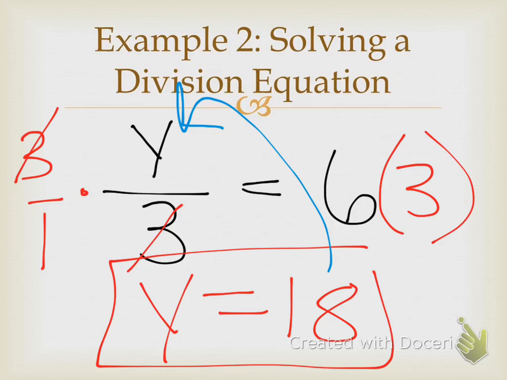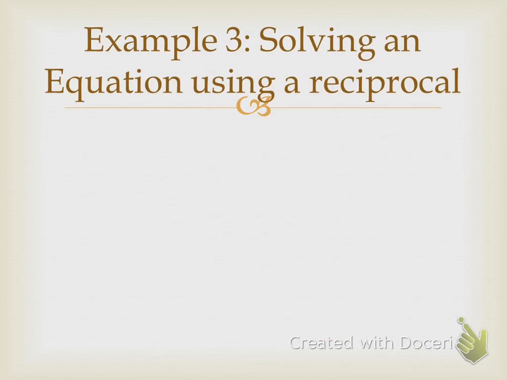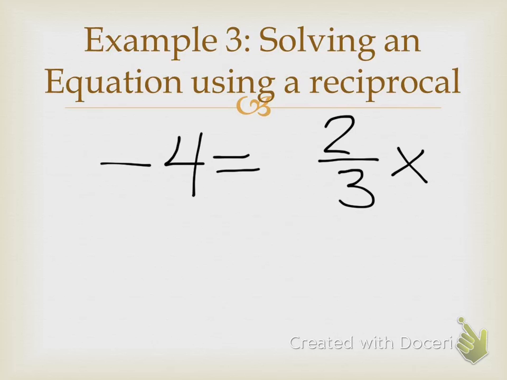All right. Now, example 3. In example 3, we're solving an equation using a reciprocal, all right? So very similar to example 2. Let's start off with negative 4 equals 2/3 x.